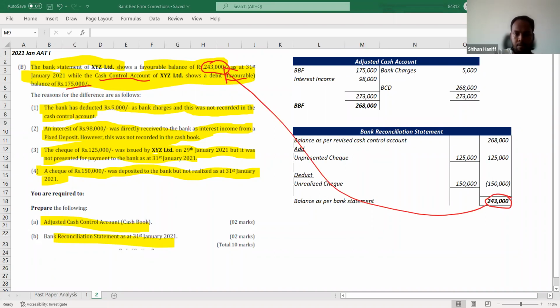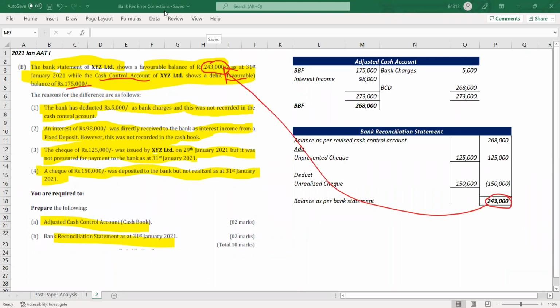Yes, you can ask any doubt. What is the reason for creating a bank reconciliation? The reason is, we have to compare the bank statement with the cash account, with our records, bank records with business records, right?